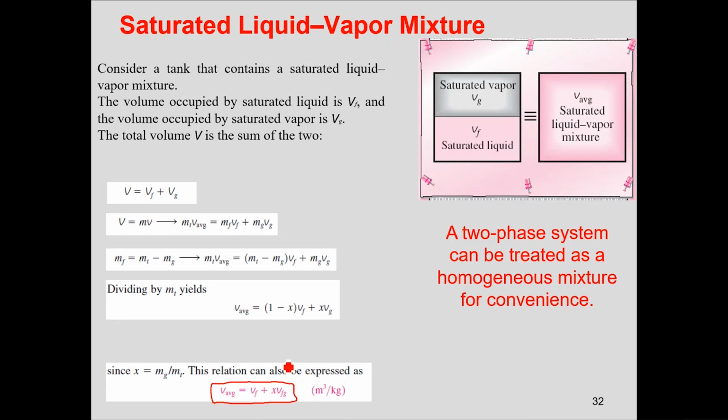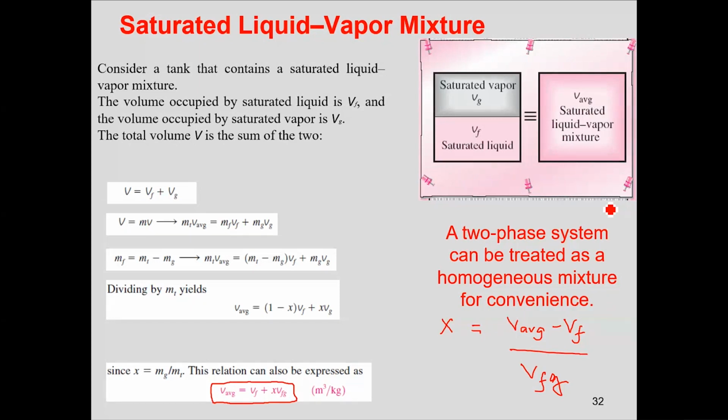Clear enough? Yes, sir. Now, if I make x the subject of the formula, I can write it as V average minus Vf over Vfg. This is how I can express x.